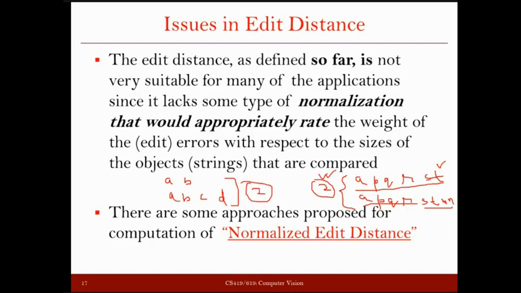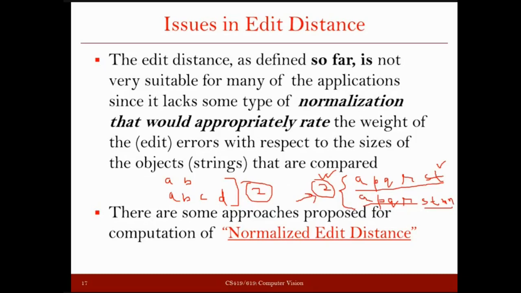This 2 tells that these strings are very dissimilar, but this 2 is not telling the same information, because here the number of characters is larger. This problem is coming because the distance that we are defining is not normalized.